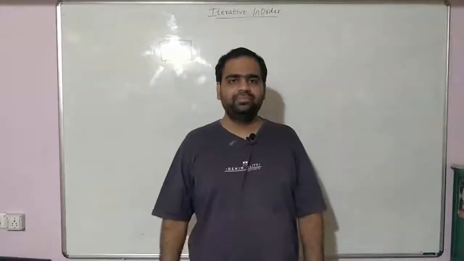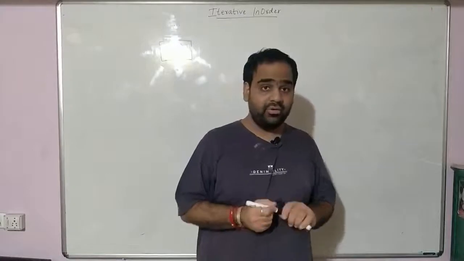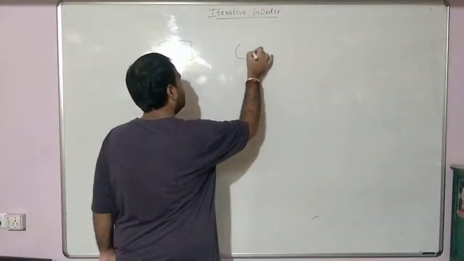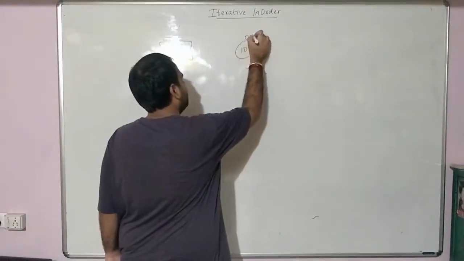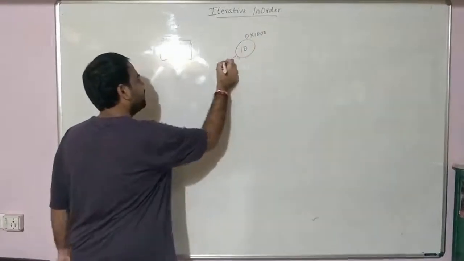Let us see next the iterative in-order traversal of the tree. Suppose this is the binary search tree, and along with this I am writing the addresses as well.